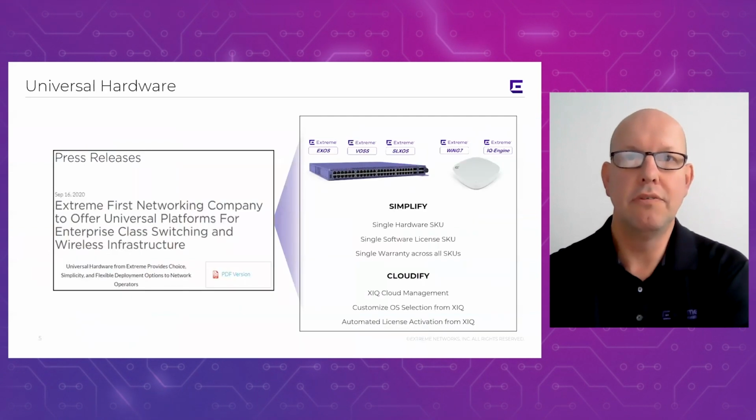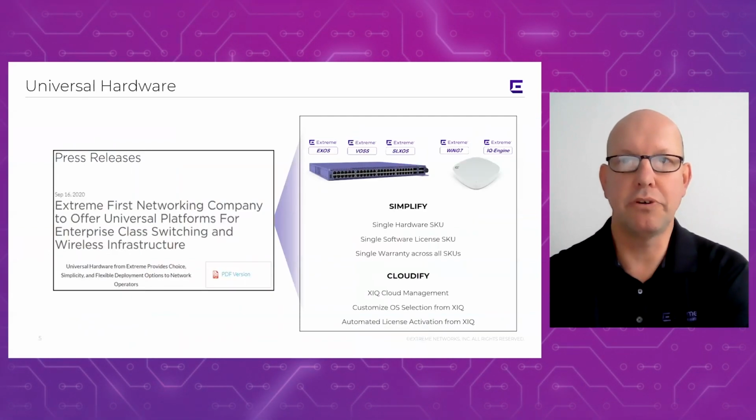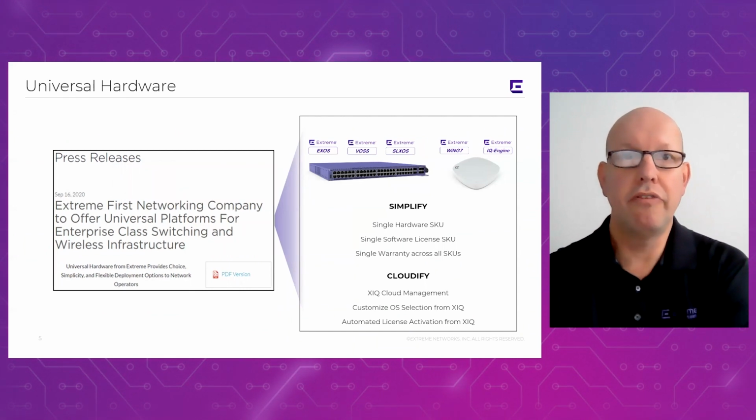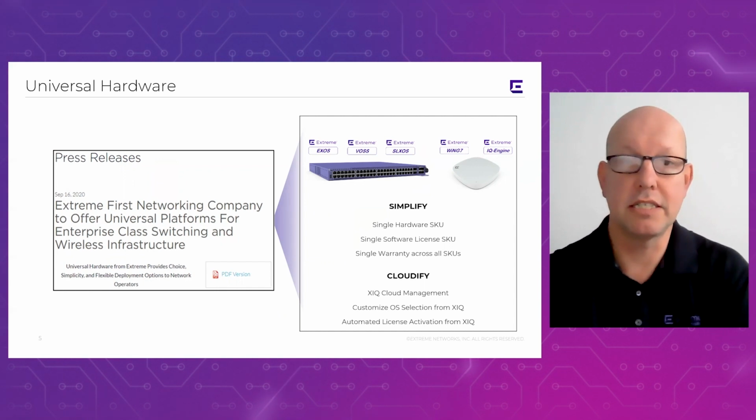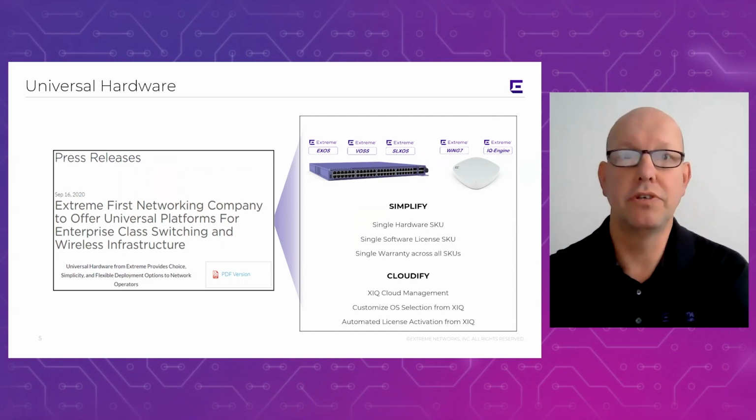Going forward, we will further consolidate our portfolio with universal hardware. You have already heard my colleague talk about running multiple operating systems on the switching part of the portfolio. Well, we do the same for our access points. Meaning, we will, for example, take an AP305C, which then can run Hive OS and Wing 7.